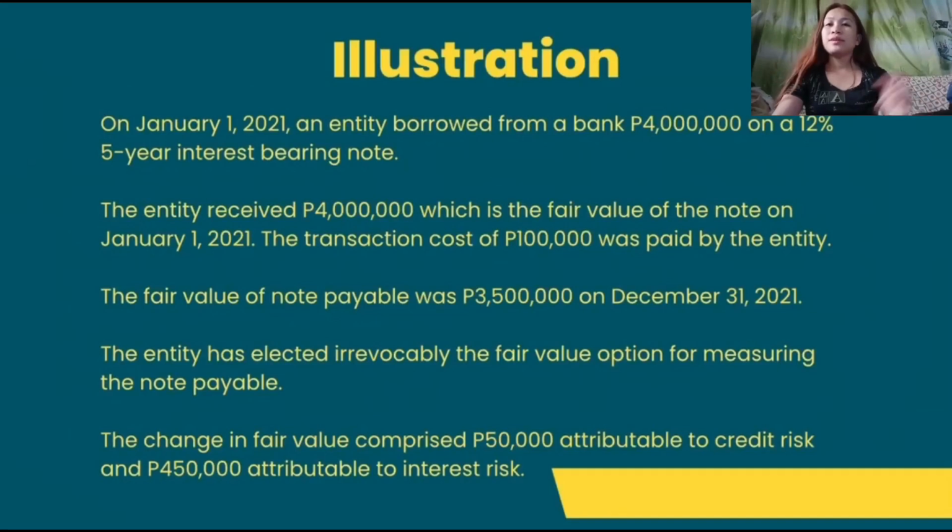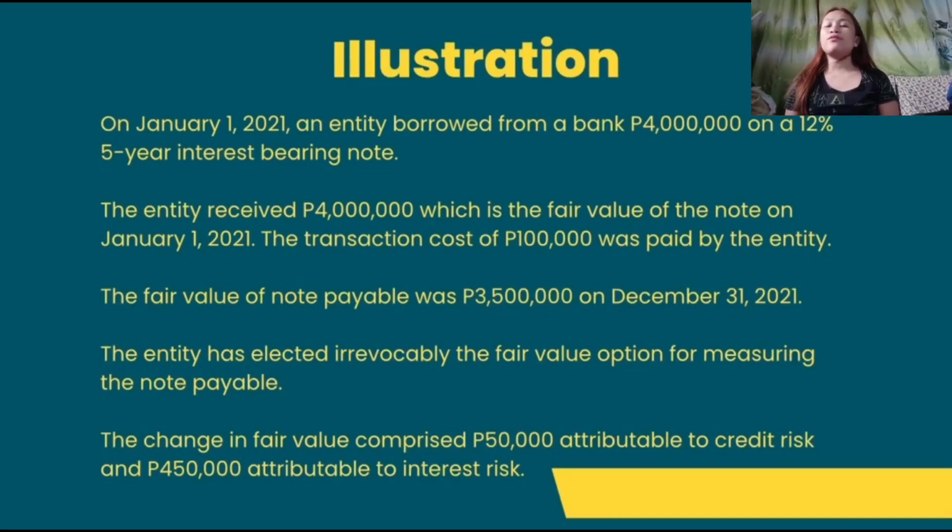So now, an illustration. On January 1, 2021, an entity borrowed from a bank 4 million pesos on a 12%, 5-year interest-bearing note. So the entity received 4 million pesos, which is the fair value of the note, on January 1, 2021. The transaction cost of 100,000 pesos was paid by the entity.